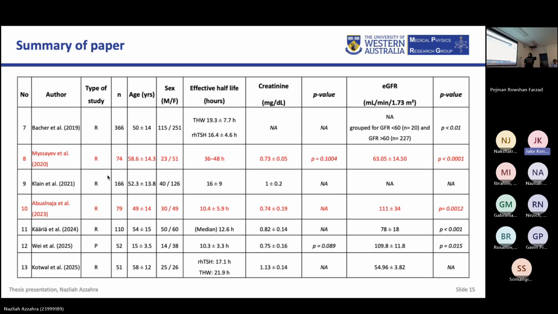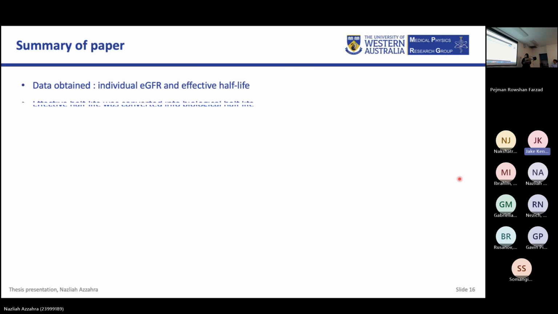Oh, sorry. I have to mention that the studies highlighted in red are the studies selected for further analysis for the dose adjustment. From those 4 studies, individual eGFR and effective half-life data were obtained.